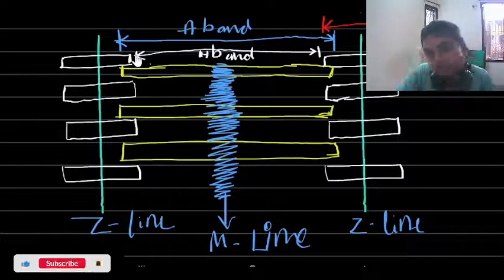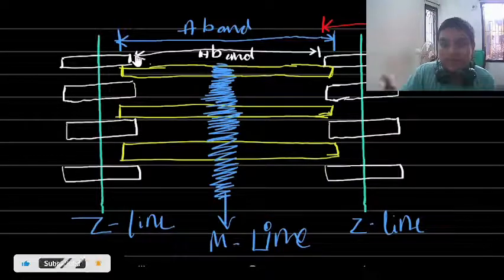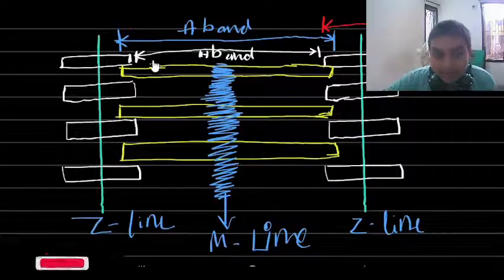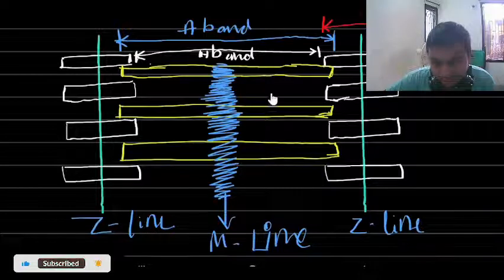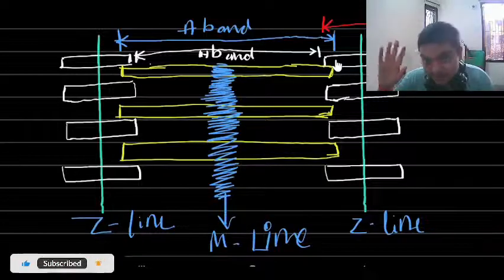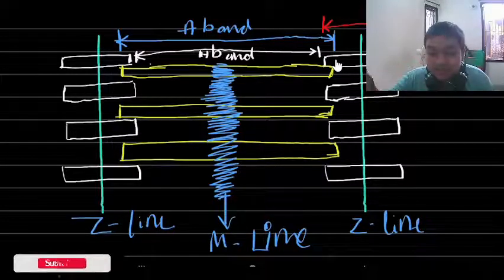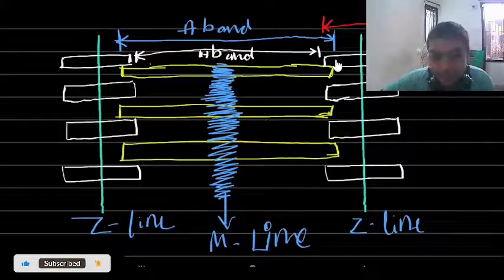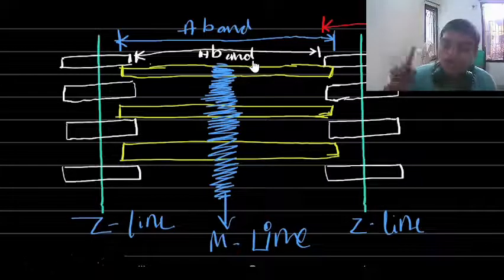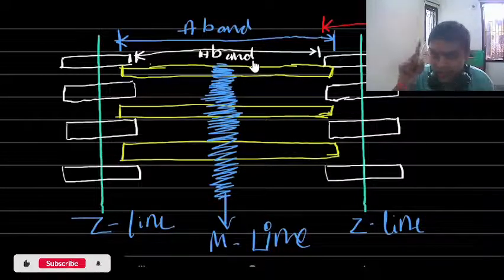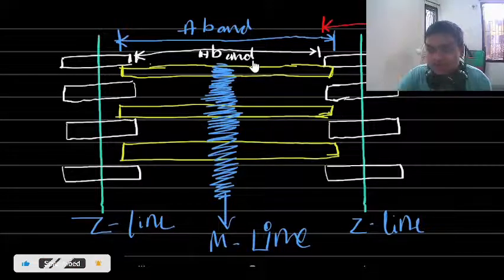The H band can also be written as the A band minus the portion where the A band encloses actin filaments. That gives you the H band. The H band purely consists of myosin.